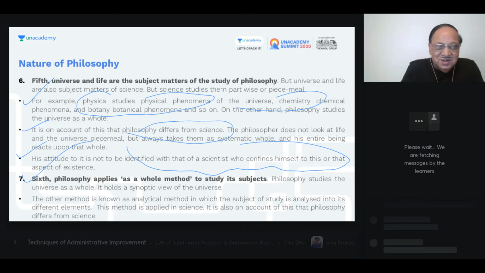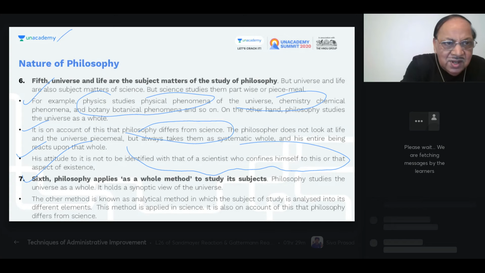And coming to the sixth point, philosophy applies the whole method to study its subject. Now, what does it mean? Every subject applies a certain method to study its subject. Now, there are two kinds of method.